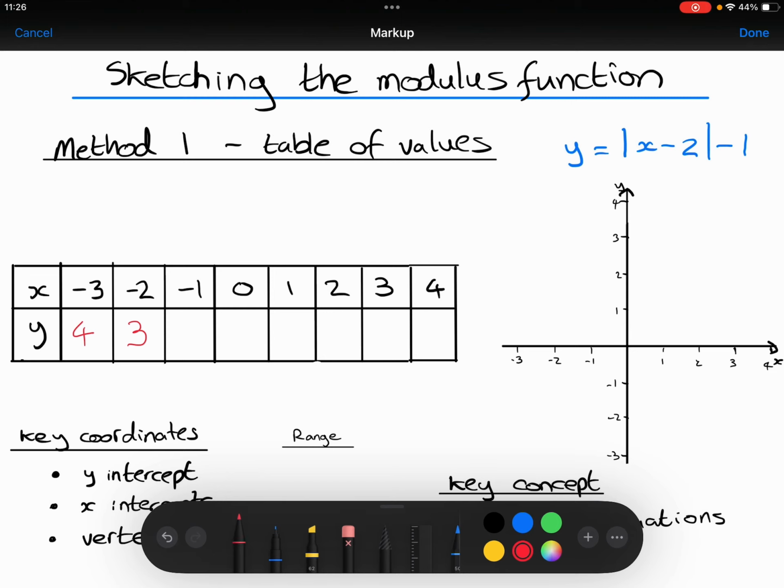Next, we're going to substitute -1 in. -1 minus 2 is -3. The modulus of -3 is +3. Subtract the 1 is 2. Next, 0. 0 minus 2 is -2. The modulus of -2 is +2. Subtract the 1 is 1.